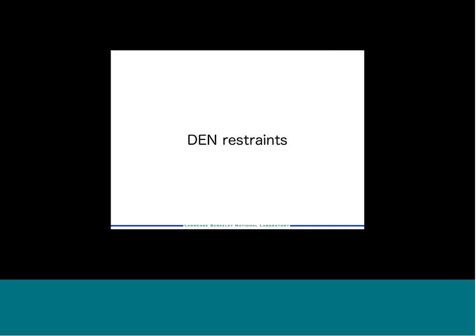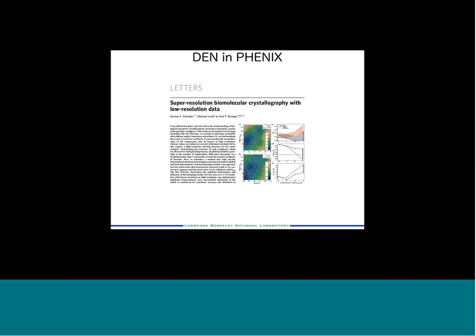Okay, and so finally, I'm going to touch on DEN restraints, which is a new restraint that we're working on here in Phoenix in collaboration with Axel Brunger and Gunnar Schröder. If you've heard of this before, it's a method that Axel and Gunnar developed at Stanford, where, for very low resolution data, you can use information about the overall topology of the model to inform how it's refining in terms of domain shifts and large globular movements.